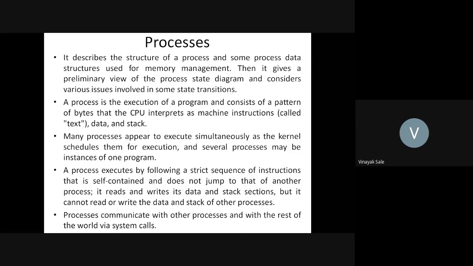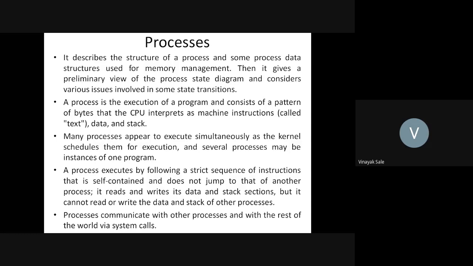So whenever there is execution of a process, it consists of text, data, and a stack. Many processes appear to execute simultaneously as the kernel schedules them for execution. Several processes may be instances of one program. So one program can have several processes.